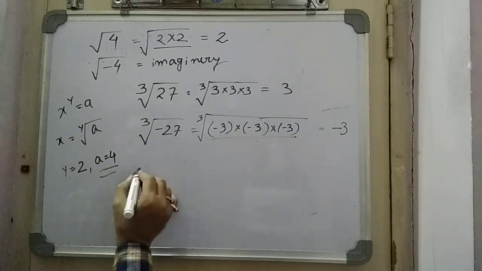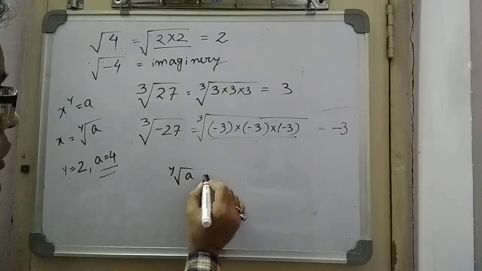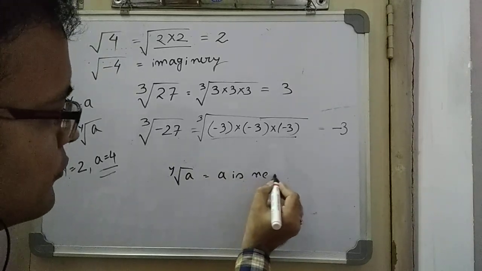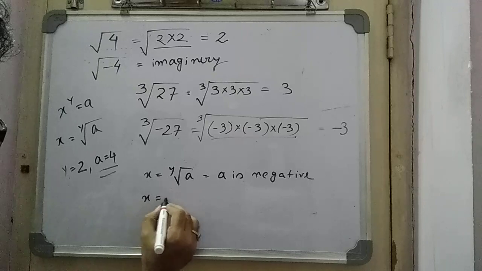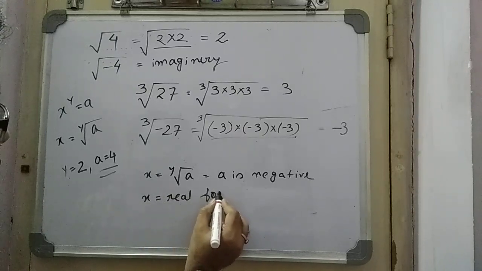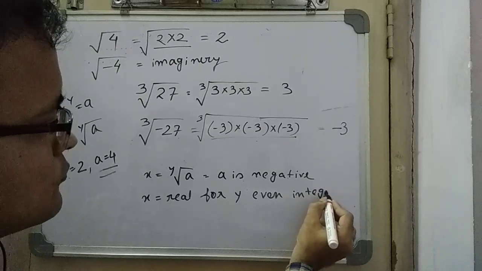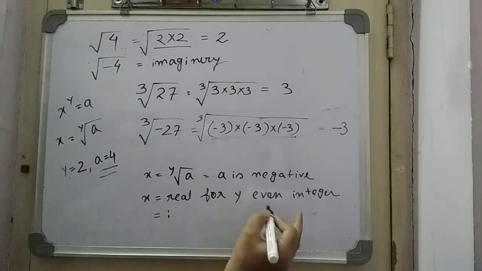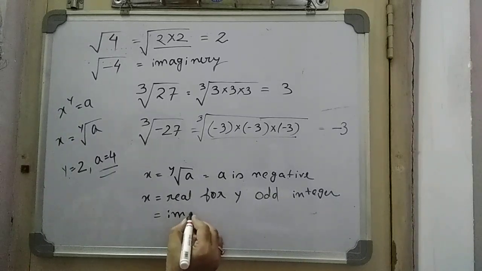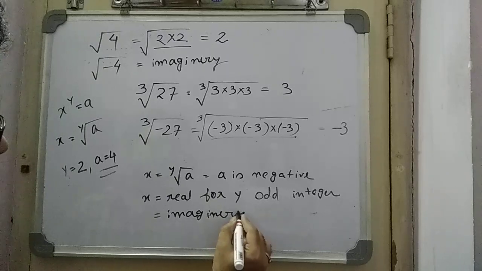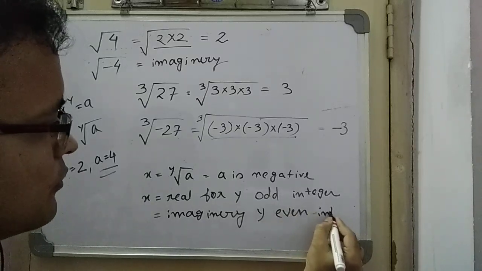So this is the yth root of a. For this, if a is negative, then x is real for y an odd integer, and imaginary for y an even integer.